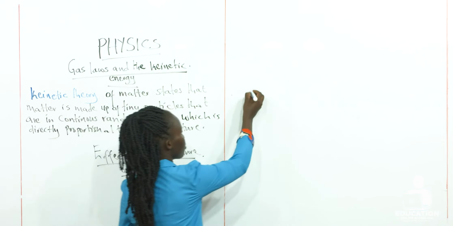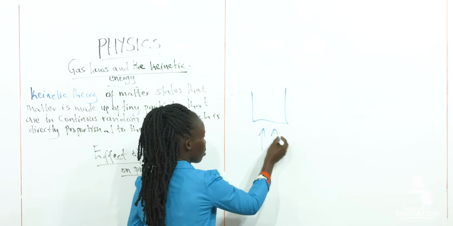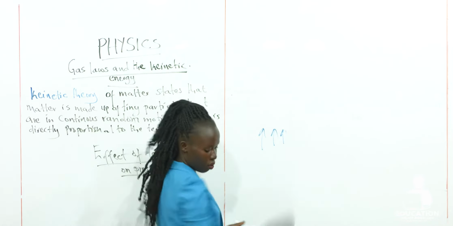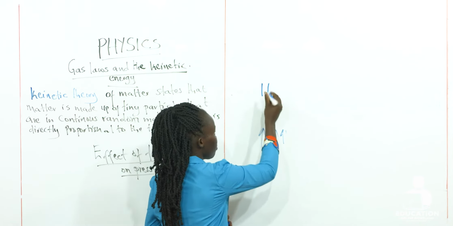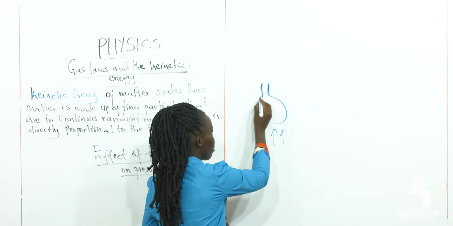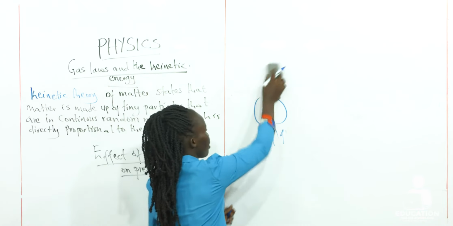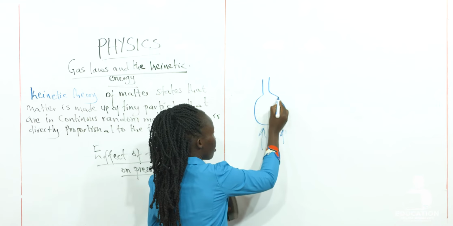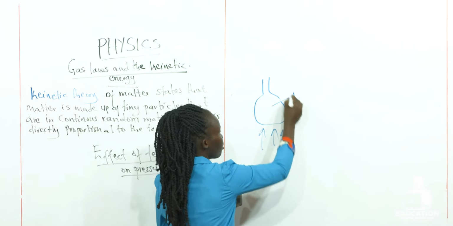assuming this is the gas, we're going to have it in a flask. This is our flask containing the gas here. Let it be a dry gas.